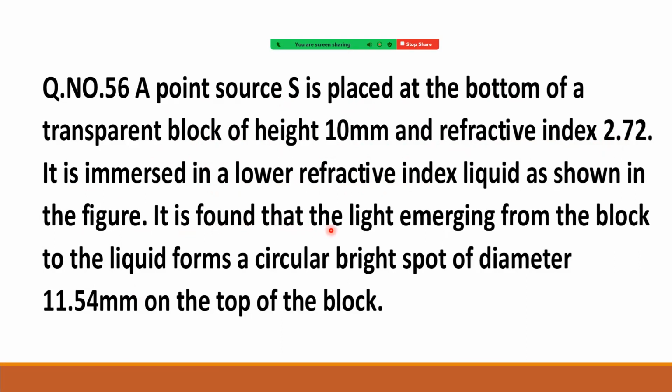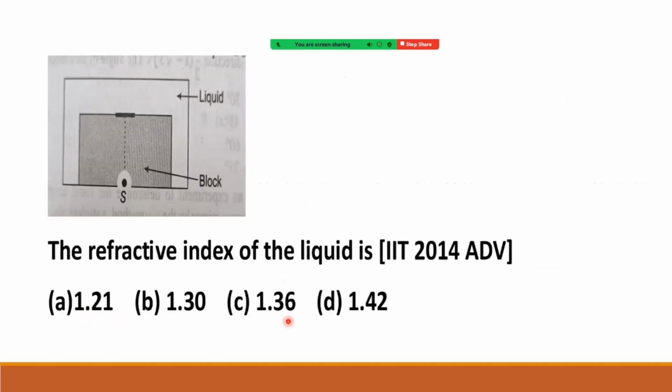It is found that the light emerging from the block to the liquid forms a circular bright spot of diameter 11.54 mm on the top of the block. We can see the diagram here. The refractive index of the liquid is asked, in 2014 Advanced.